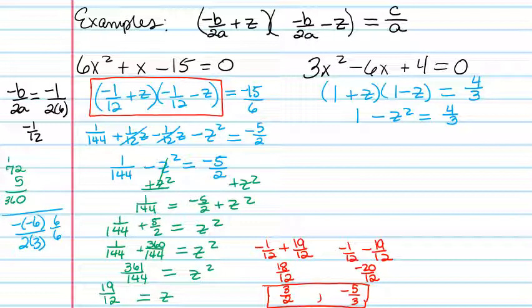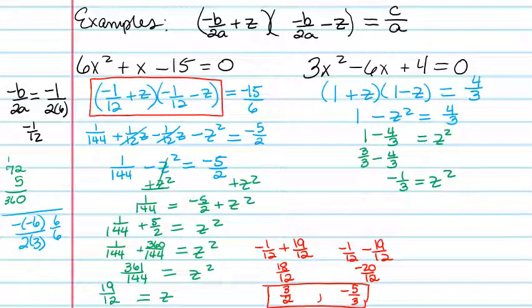All right. You can watch how I simplify this and solve for z squared if you want to. But I get z squared is equal to 1 minus 4/3. Okay. And if I do 1 minus 4/3, that's 3/3 minus 4/3. That's a negative 1/3. And then z squared. Take the square root of both sides.